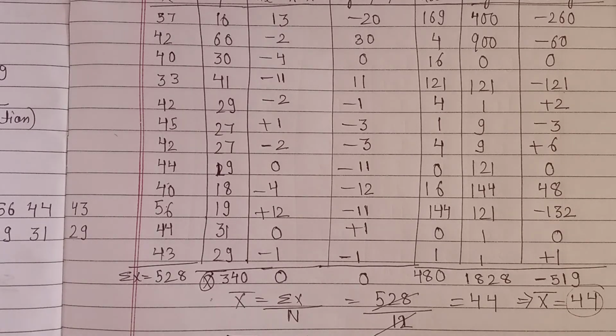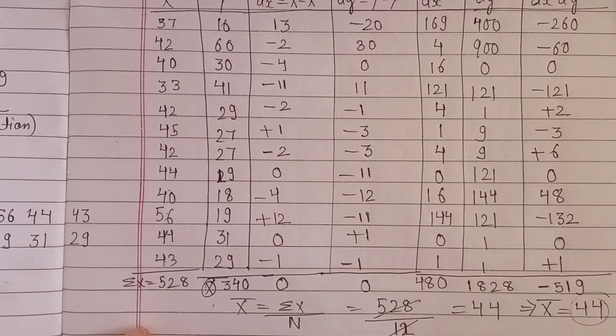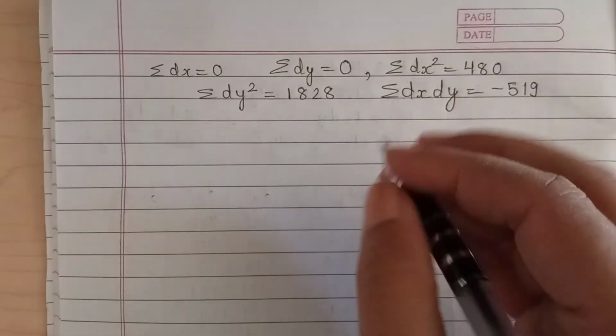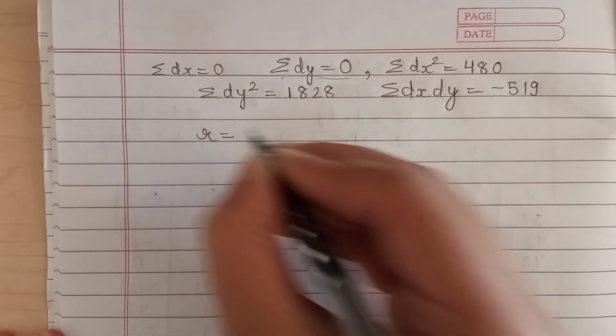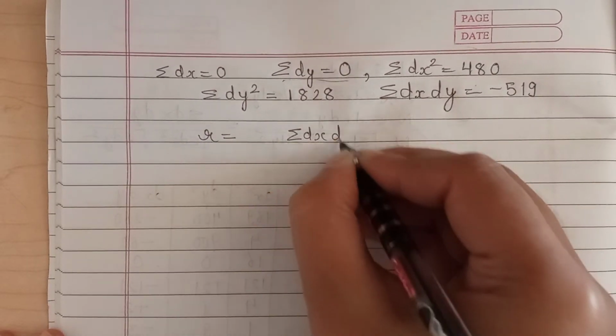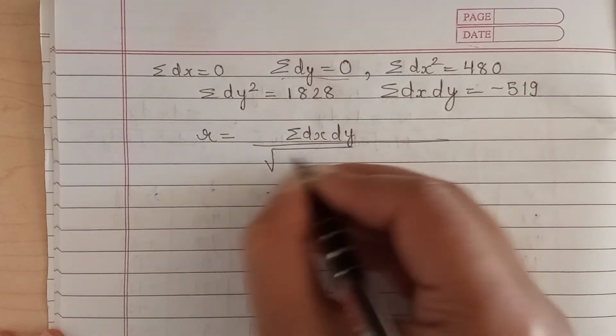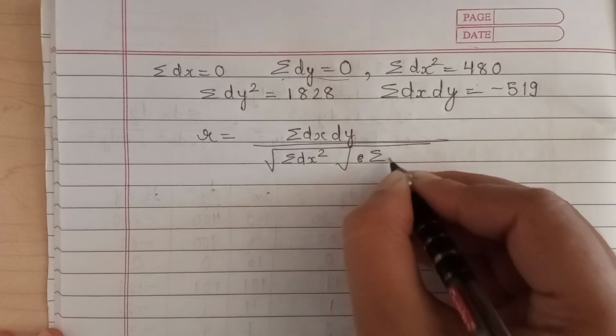We will substitute this in the assumed mean method formula of correlation, and we will get the required answer. So directly, because summation of dx and dy is 0, for finding the correlation we can write summation of dx dy by root over summation of dx square, root over summation of dy square.